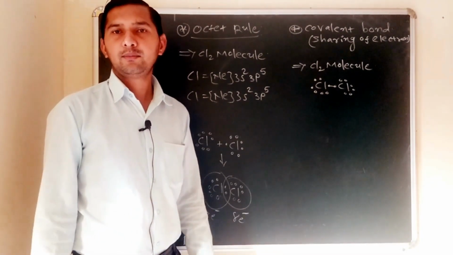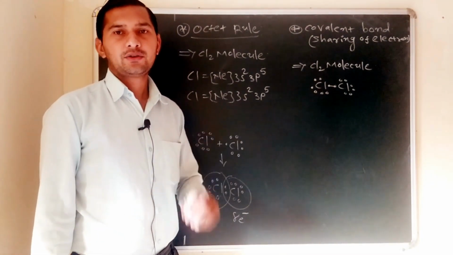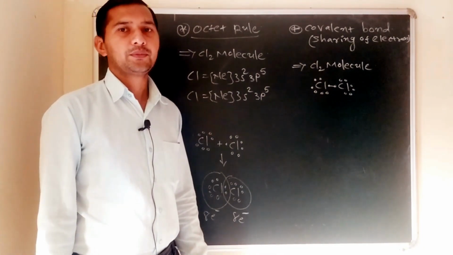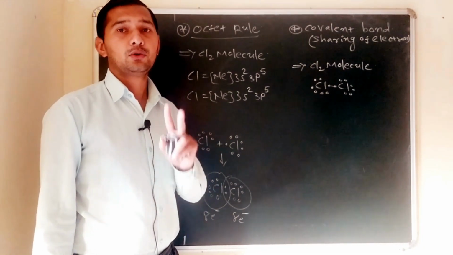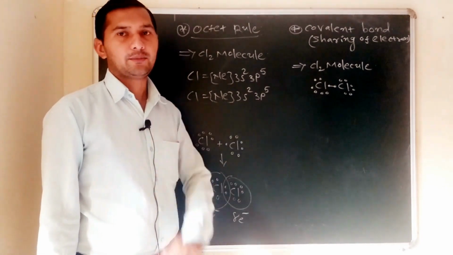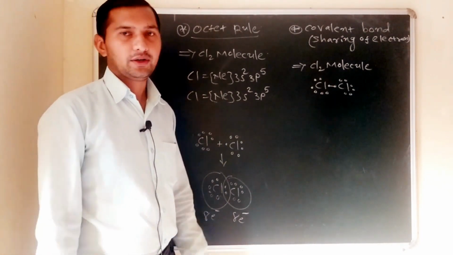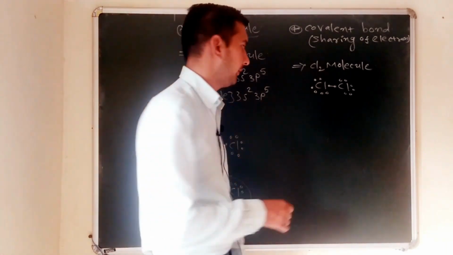In the case of certain molecules, 2 electrons are shared by each atom, forming two shared pairs of electrons between the atoms. So we can say it is a double bond, for example the O2 molecule.